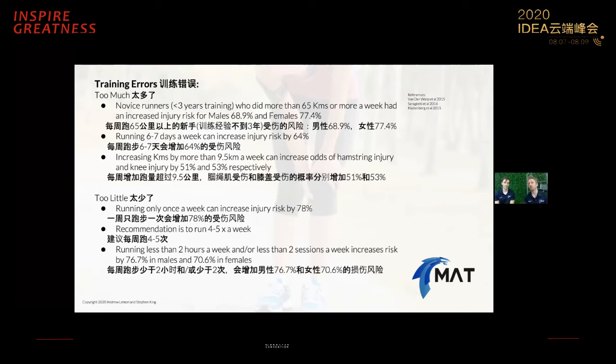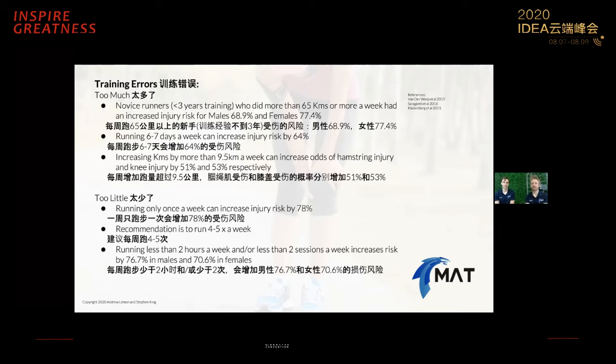Or people who run 6 to 7 days in a week and do not have enough rest also have a much higher chance of injury, up to 64%. Or if they increase their workload a lot in 1 week, it makes them more likely to get injured in the following weeks.